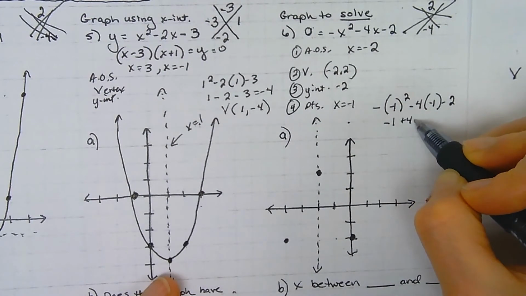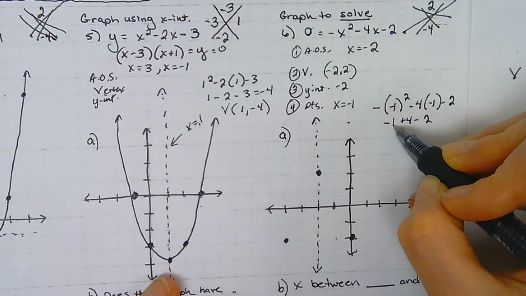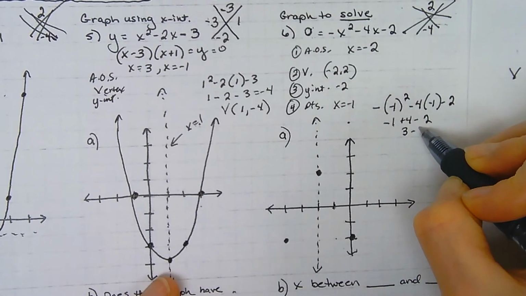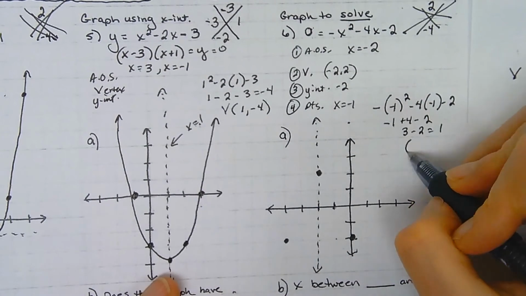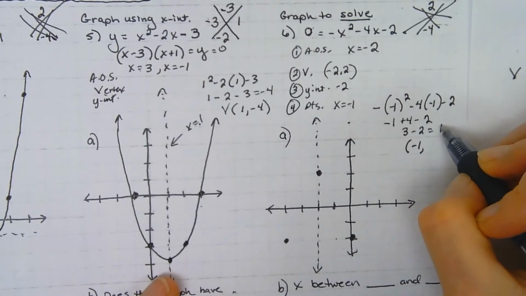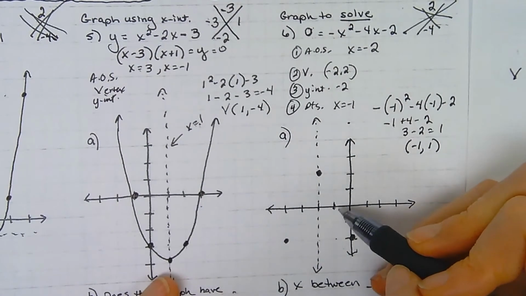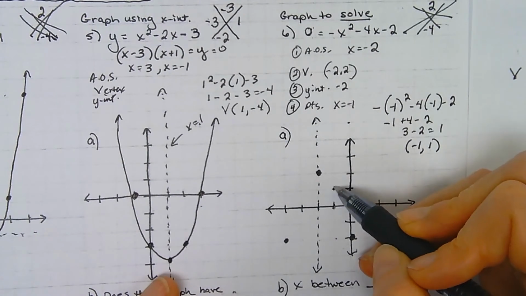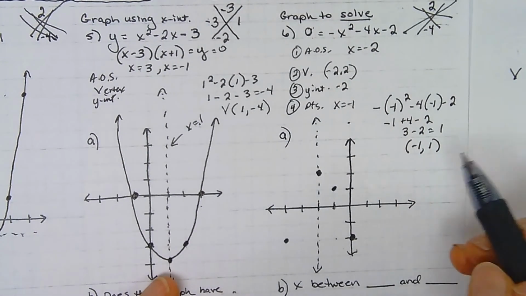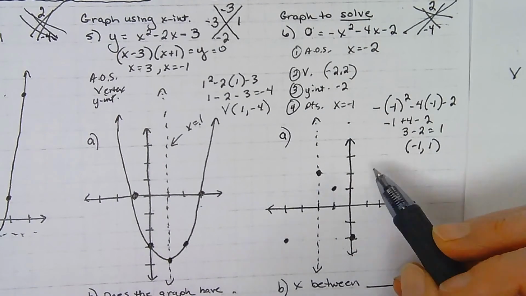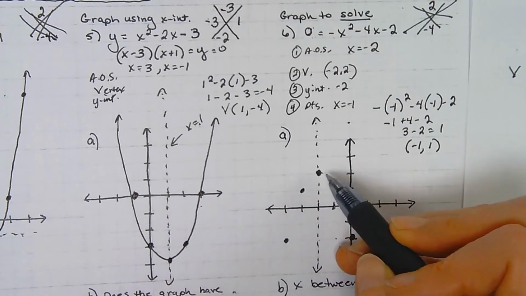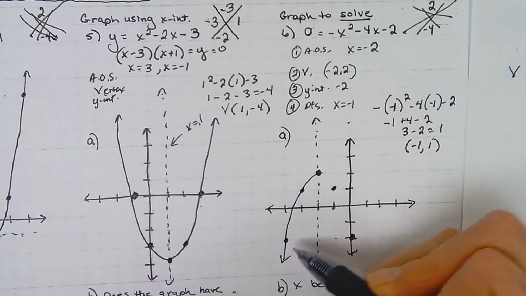Plus 4 minus 2. Negative 1 plus 4 is 3. 3 minus 2 is 1. So the extra point will be x equals negative 1, and the y value will be 1. Negative 1, 1 is the point that we just found by plugging in negative 1. And that's right where it should be. We'll reflect that across the axis of symmetry and sketch the graph.